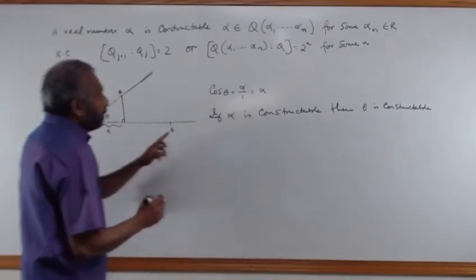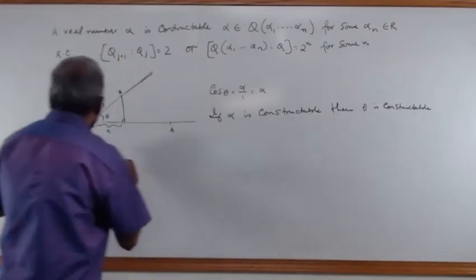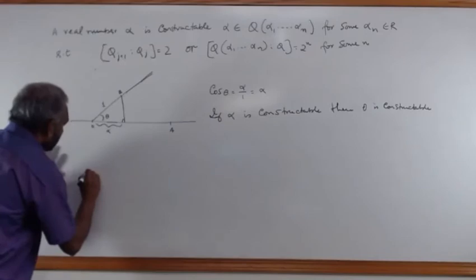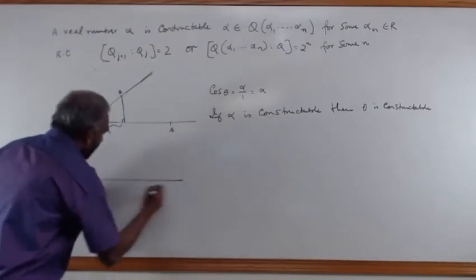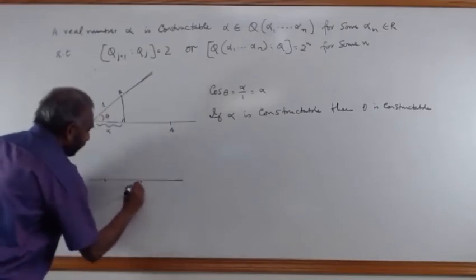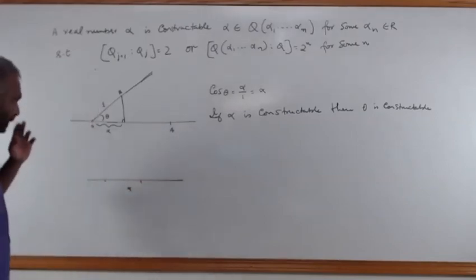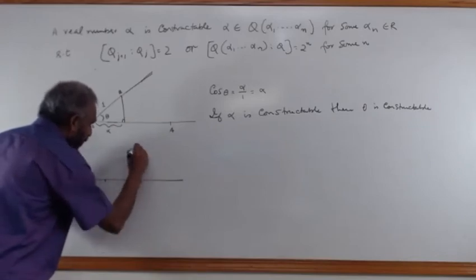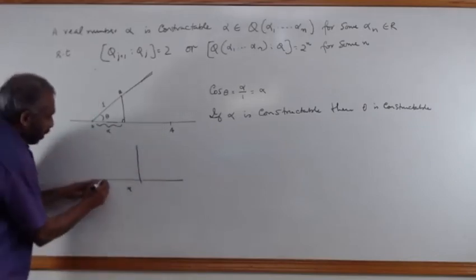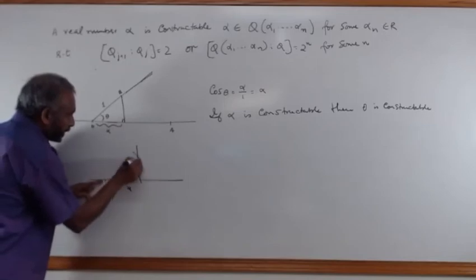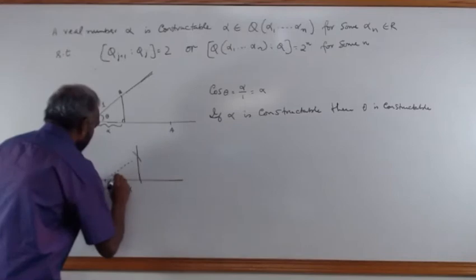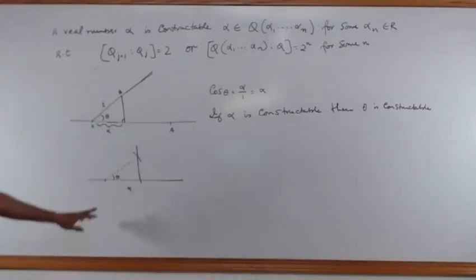See, how do you draw if alpha is constructible? What we do is draw a line. So alpha is constructible. Then draw a perpendicular line here. Then use the compass with 1 unit and strike here. So this angle will be theta. That is how you draw when alpha is known.